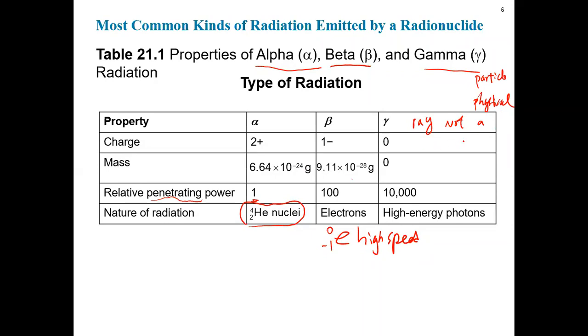This gamma ray is actually a photon, a high energy photon, just a packet of energy. So the charge is 0, the mass is 0, and the penetration power is much, much higher, 10,000 times higher than this larger one.